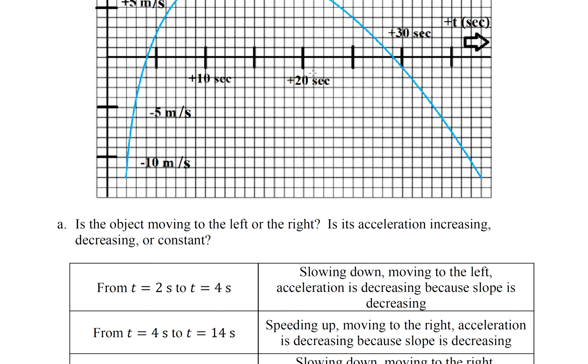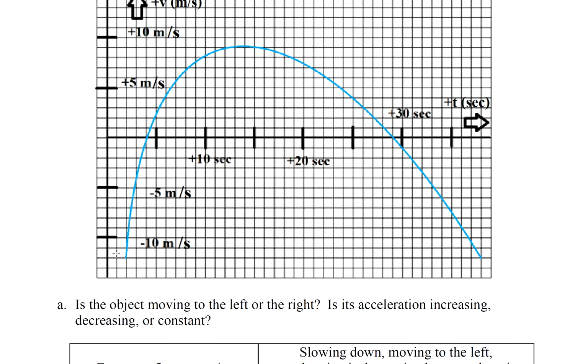So from 2 seconds to 4 seconds, it's moving towards the left because the velocity is negative. And it stops at 4 seconds. So it slows down. It goes from minus 12 meters per second to 0.